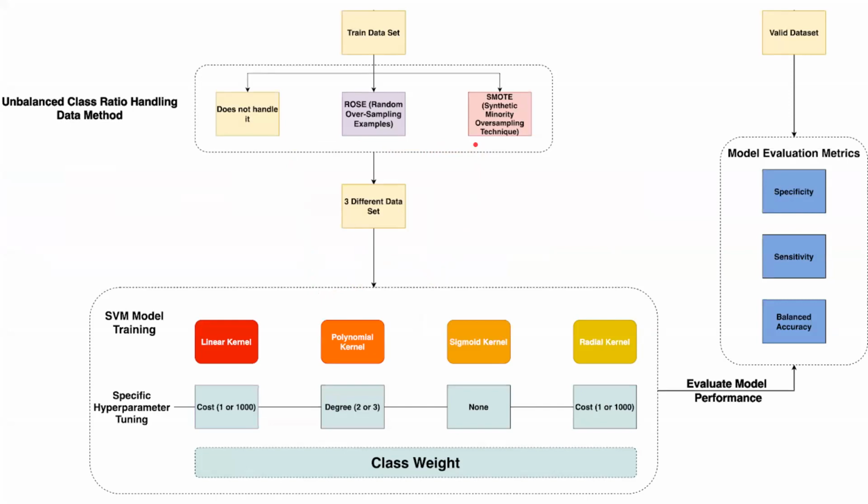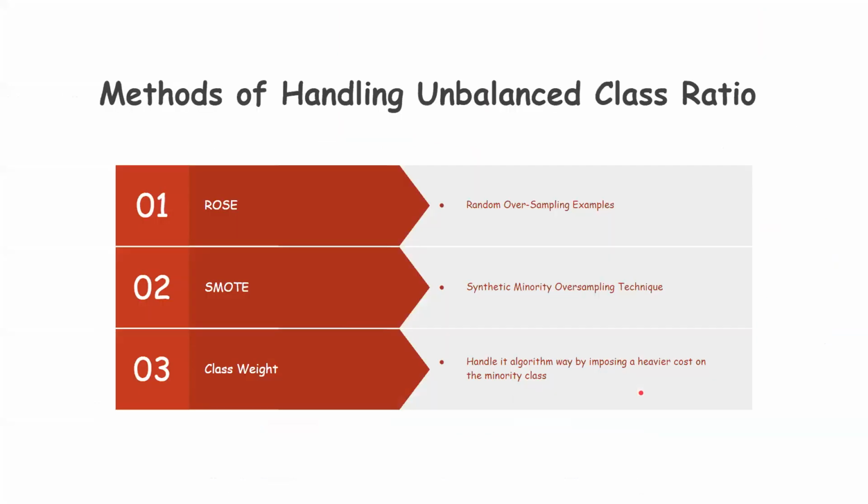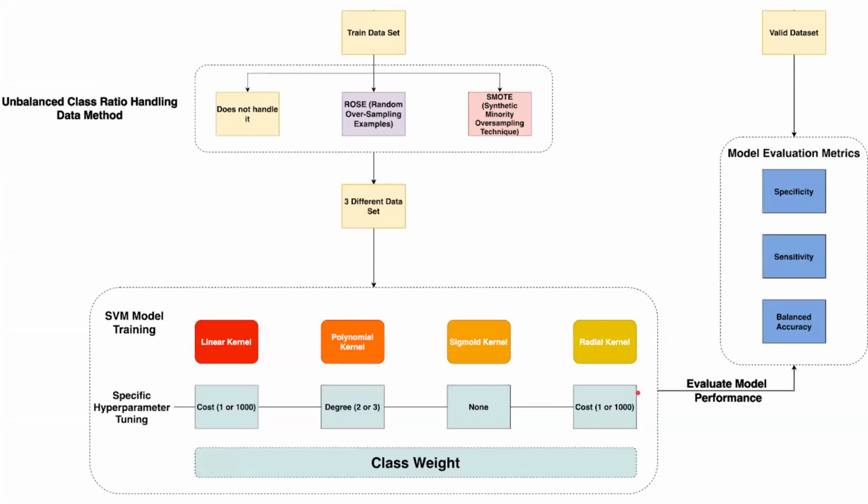Then we implemented SVM algorithms using 4 different kernels on these 3 data sets. We use cost 1 or 1000 for linear kernel, degree 2 or 3 for polynomial kernel, and cost 1 or 1000 for radial kernel.